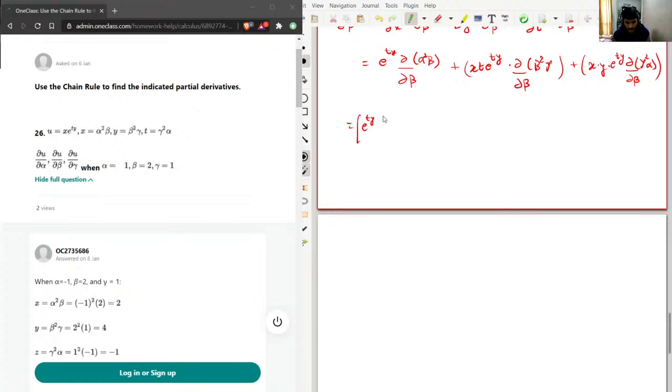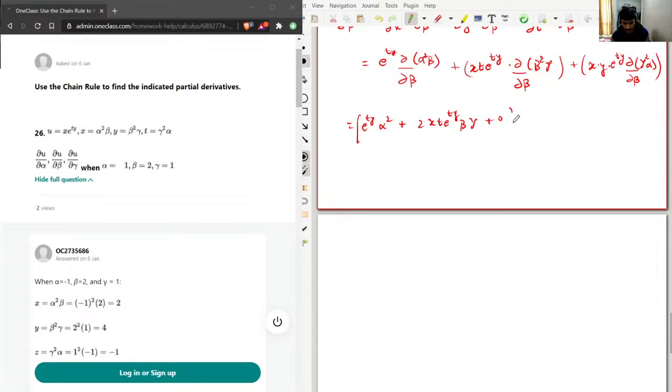Now this will be alpha square plus xt e power ty. This will become 2 beta gamma. So 2 beta gamma, and this will be 0 because we do not have any beta term here.